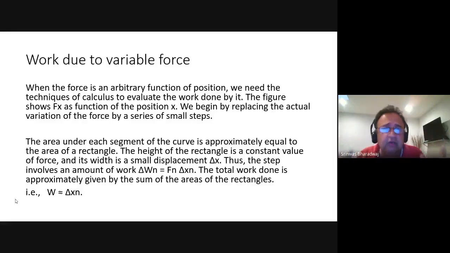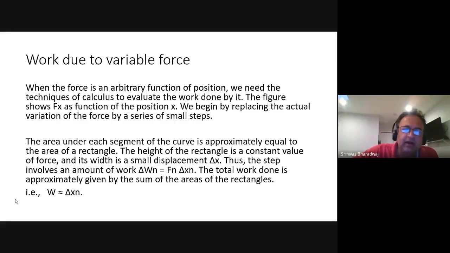So we need to use techniques in calculus to evaluate the work done. If you do an F versus X curve, where the Y axis is F and the X axis is dx, then the area under the F versus X curve will give you the work done.